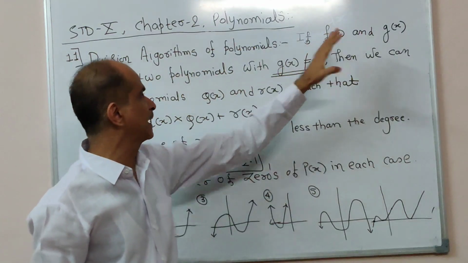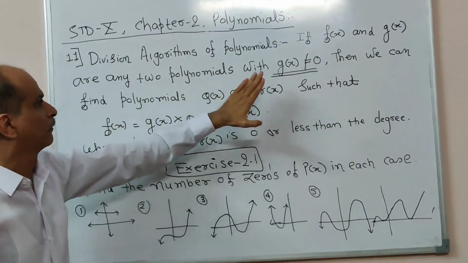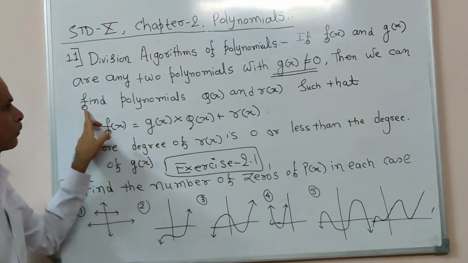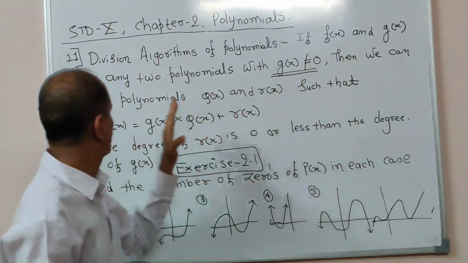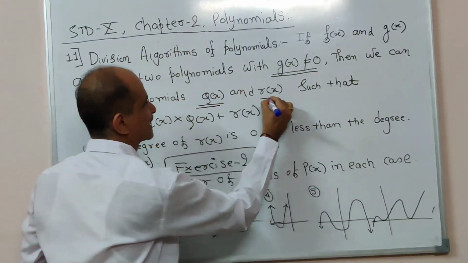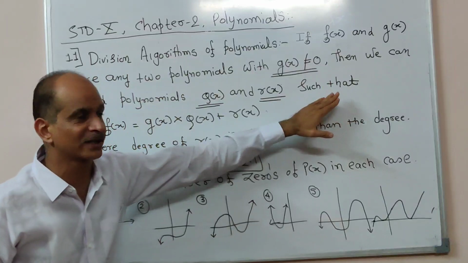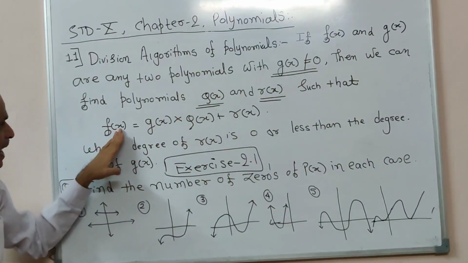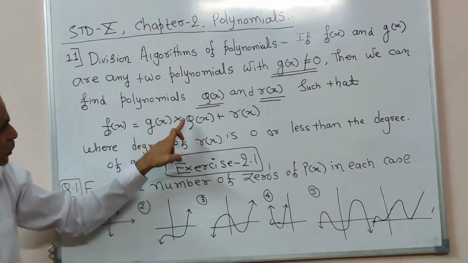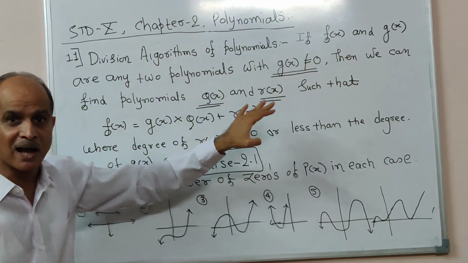So if f(x) and g(x) are two polynomials with g(x) not equal to 0, then we can find another two polynomials, named q(x) and r(x), such that f(x) is equal to g(x) into q(x) plus r(x).